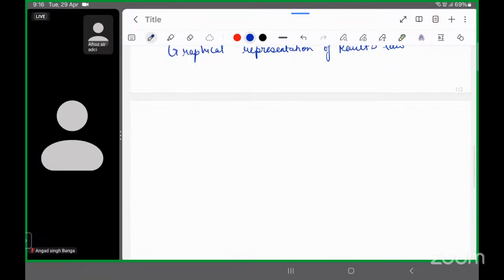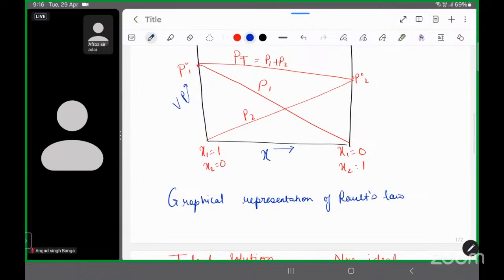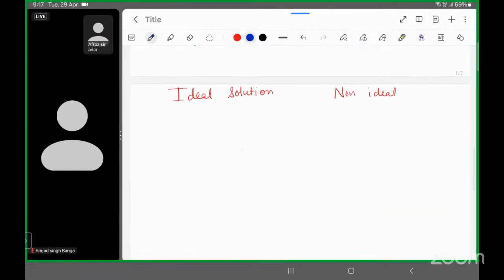Now next, we have to see the ideal solution and non-ideal solution. Ideal solution is what? Which obeys Raoult's law. Which obeys this graph, this law exactly.